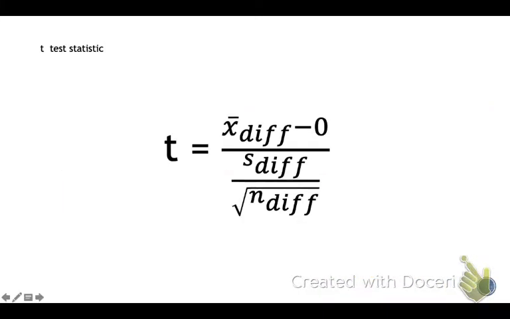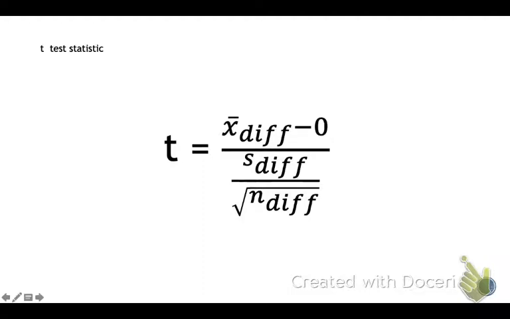Okay, so we are going to be calculating our t-test statistic. Again, we're going with a t-test because we rarely will ever know our population standard deviation, so we estimate with our sample error. We're going to assume our null hypothesis that the difference is equal to 0, that there is no difference.